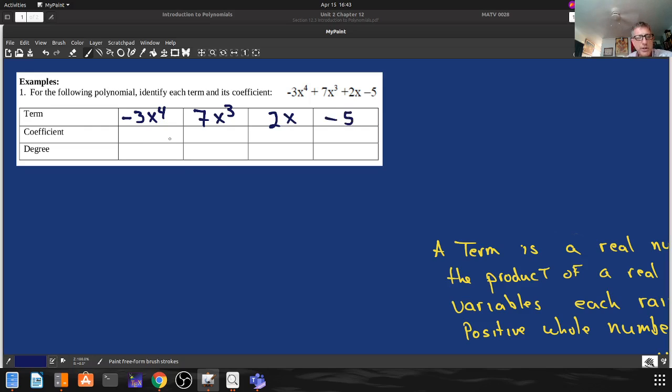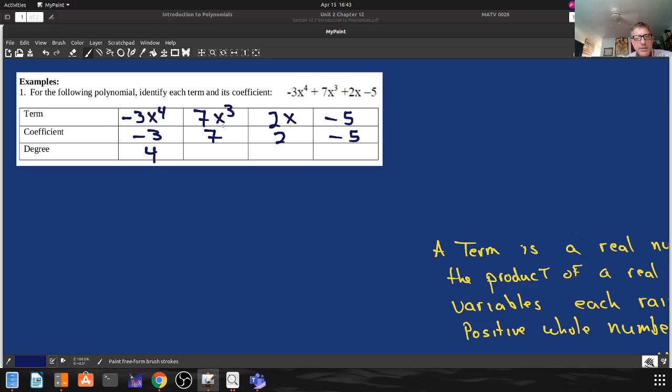The coefficient of the minus 3x to the fourth term is minus 3. The coefficient of the 7x cubed term is 7. The coefficient of the 2x term is 2. And we just call the coefficient of the constant term itself. So the degree of the minus 3x to the fourth term is 4.